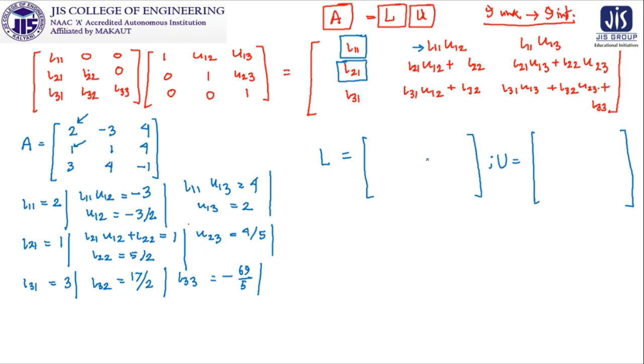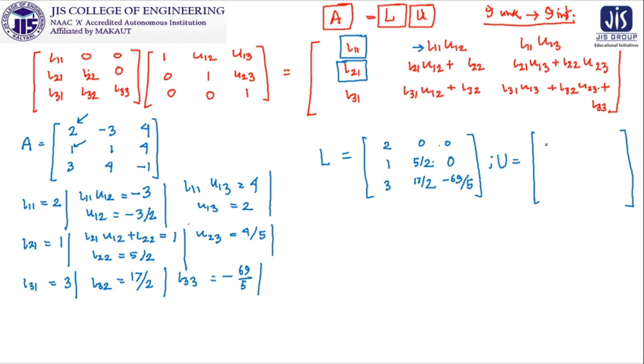So what is my capital L? I can write my capital L as L11, so it is 2, then 0 0, then L21, that is 1, then L22, that is 5 by 2, then 0, then 3, then 17 by 2, and minus 69 by 5.